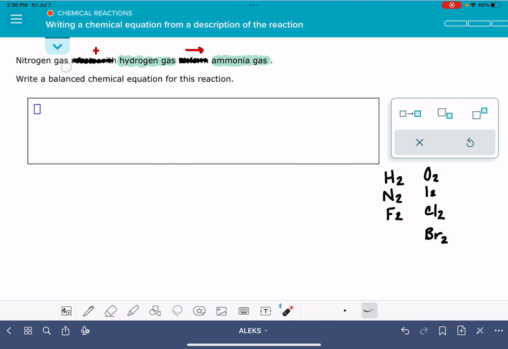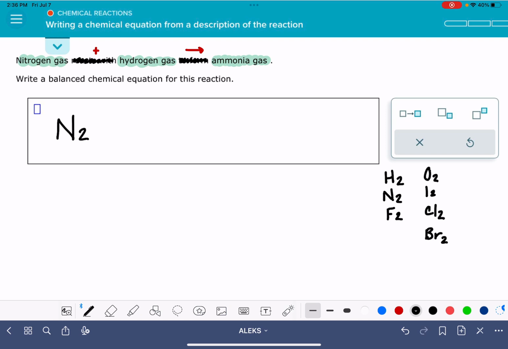So if it says in a problem nitrogen gas, you're going to interpret that as the N2 molecule. If it says hydrogen gas, you're going to interpret that as the H2 molecule. If it says bromine, you're going to interpret that as the Br2 molecule. And there isn't anything in this problem that's giving you this hint, so that's why I'm giving it to you over here.